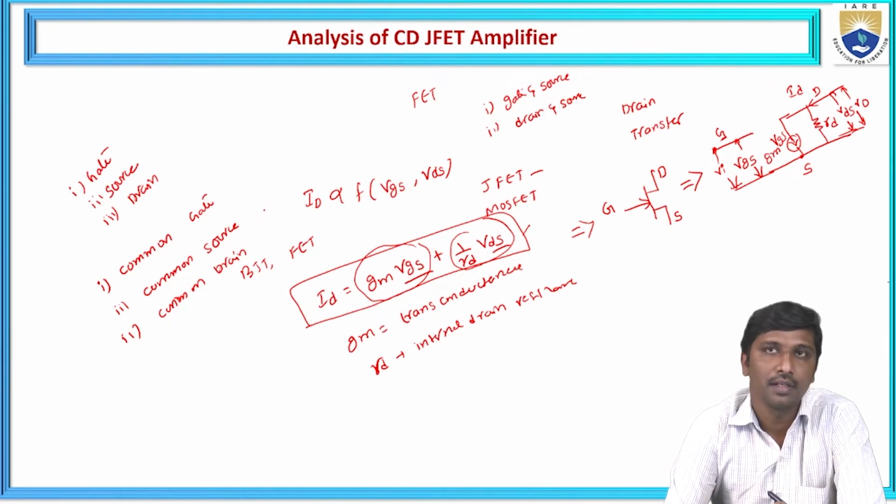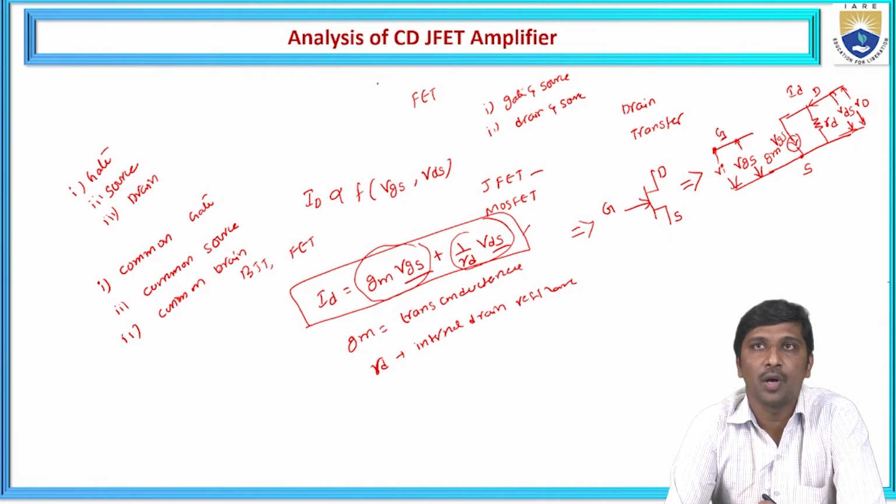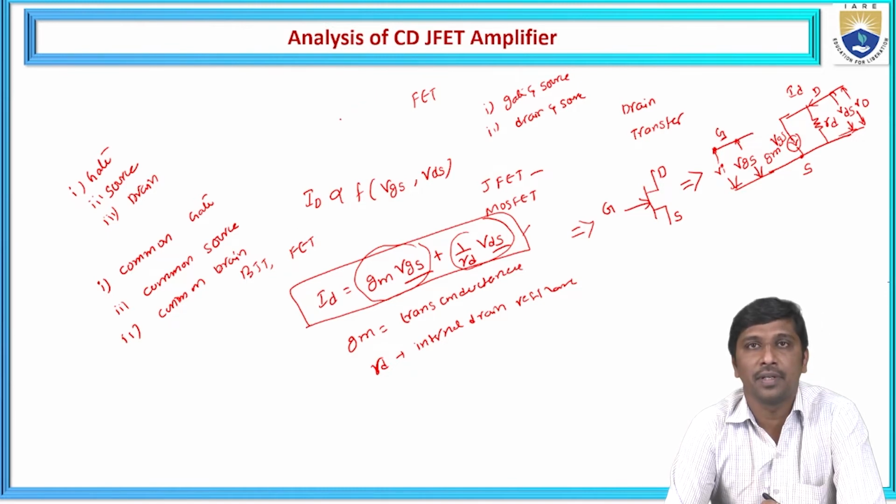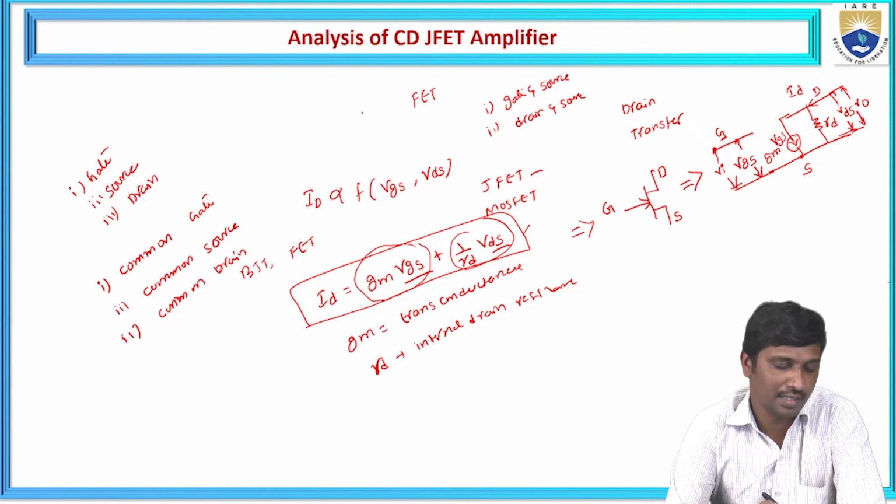So in today's session we are going to discuss the analysis of the common drain JFET amplifier using the small signal model. Before going to this, what is the meaning of common drain? It means the drain terminal is common for the input side as well as the output side.